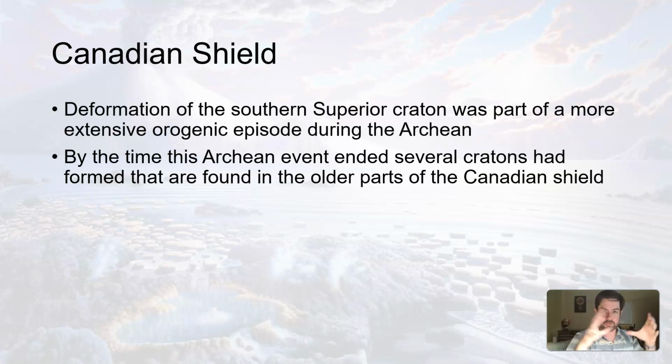So again, the Canadian Shield, the exposed part of the North American craton, is composed of a bunch of smaller cratons that got pushed together, this original continental crust that came together to form the larger North American craton.